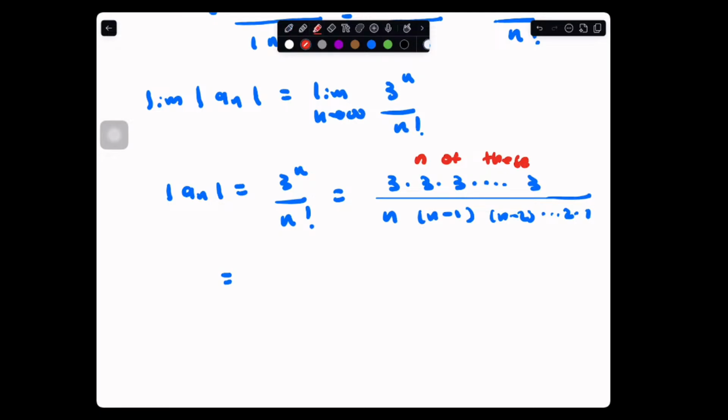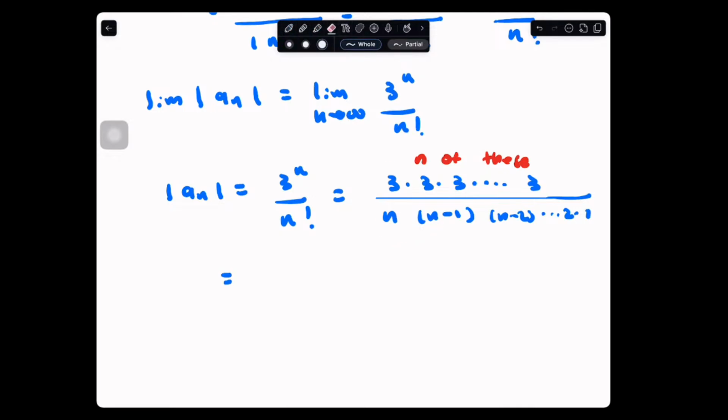So I'm going to separate here. I want you guys to focus on this 3 to the n. And let's look at some details here.